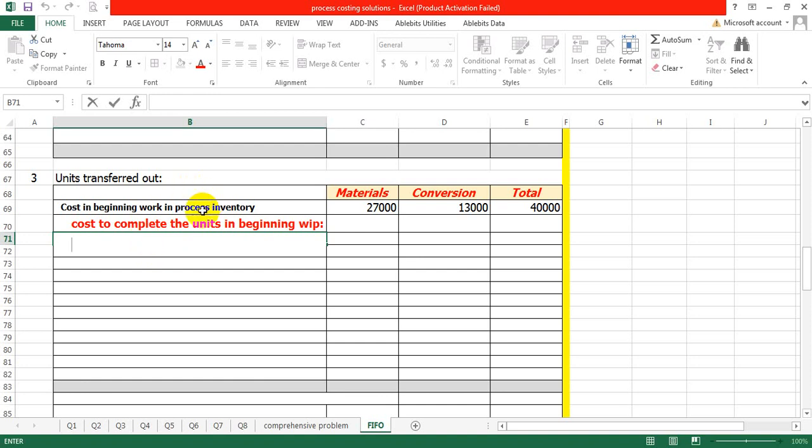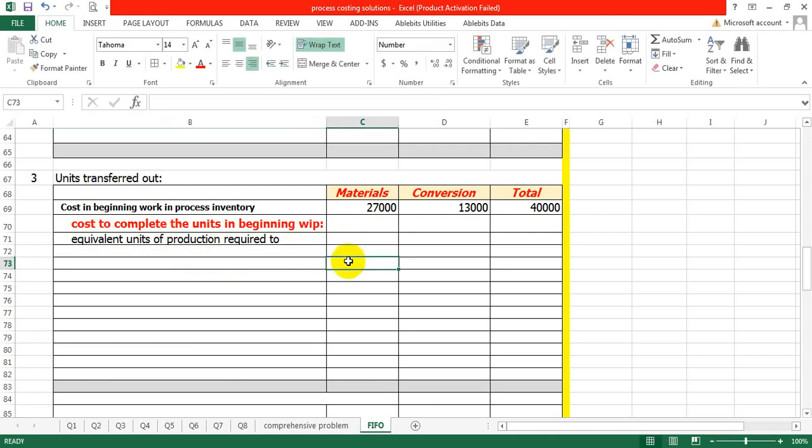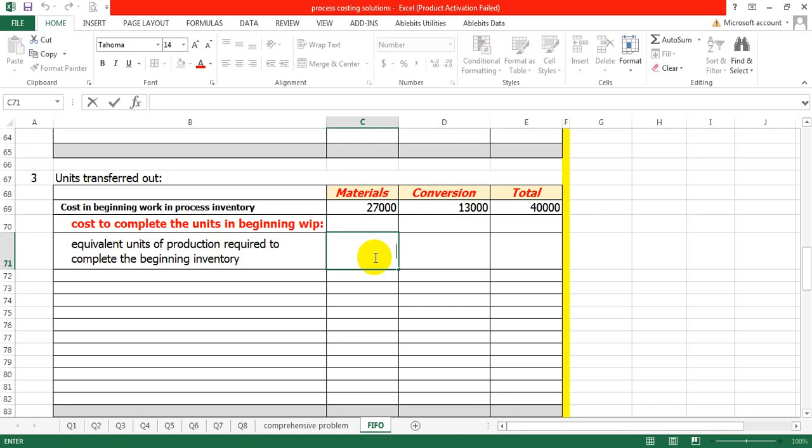We have calculated these above: that is 24,000 and 42,000.